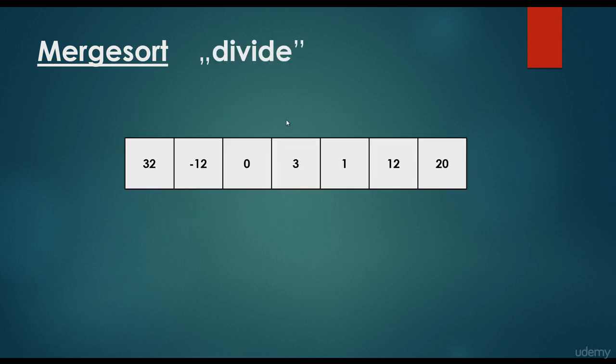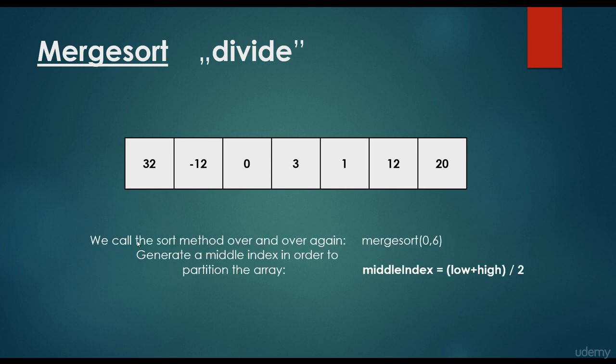Okay. So what about the divide phase? We have an array: 32, -12, 0, 3, 1, 12, 20. We have to divide the array. We call the sort method over and over again. At the beginning, we call the merge sort on the entire array, starting with the 0 index and the last index in the array. Then we generate the middle index in order to partition the array.